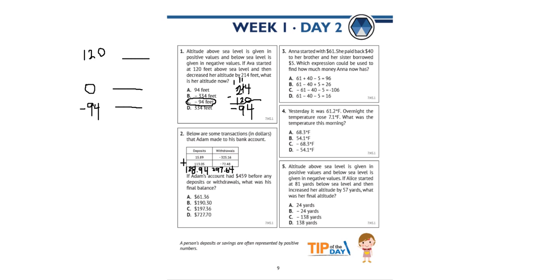So 397.64 was taken out, so let's put a negative sign on that. Alright, now let's come over and write our total, which was $459. And let's add the deposits.